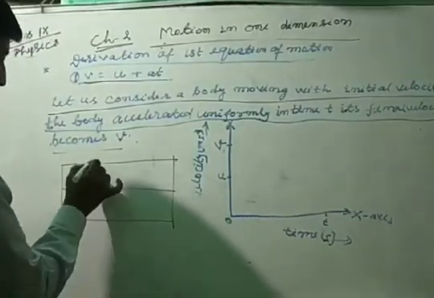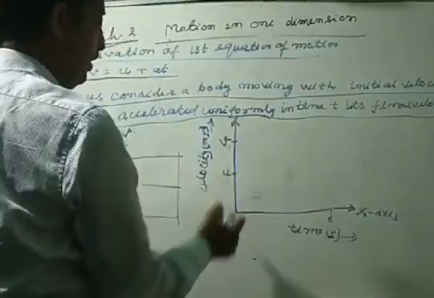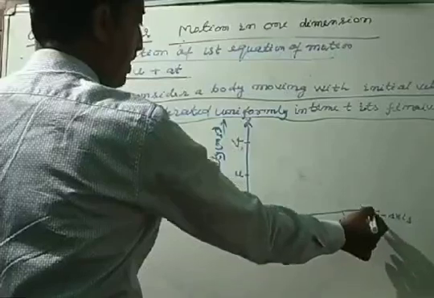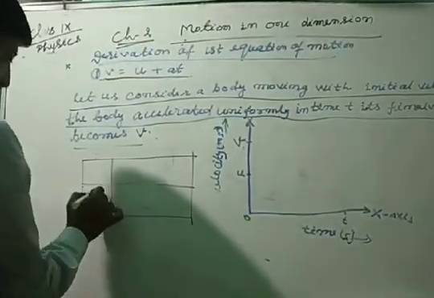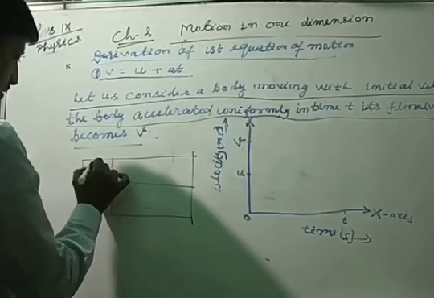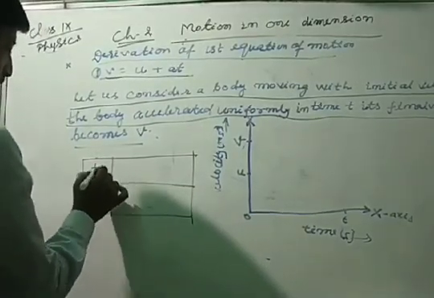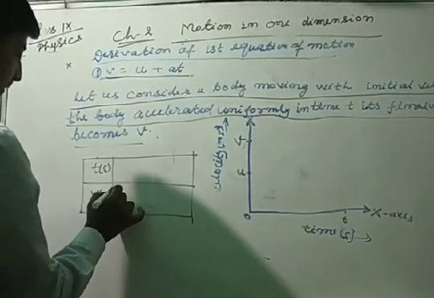Here in the velocity time graph we put time on the x-axis and velocity on the y-axis. Time is taken in seconds and velocity in meters per second.